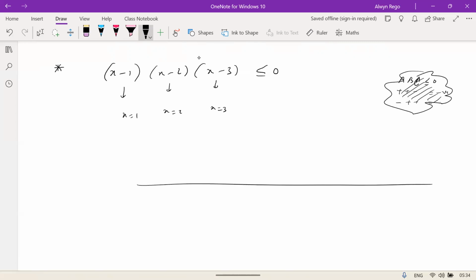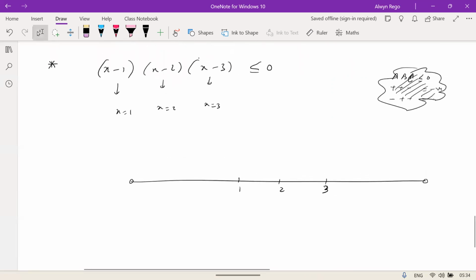Now I divide the number line into zones. We have 1, 2, and 3 here, and because inequalities give rise to sets of values, I'll always be in a particular interval.